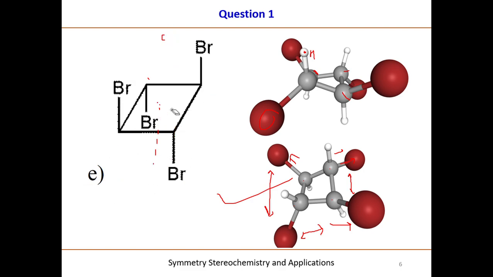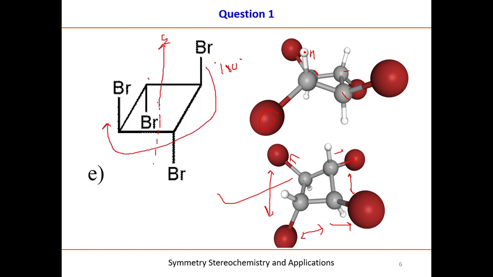Now we will pass the C2 axis. If we pass the C2 axis, this molecule will rotate by 180. That means this bromine will come this side.